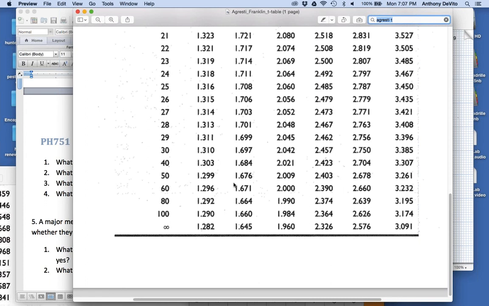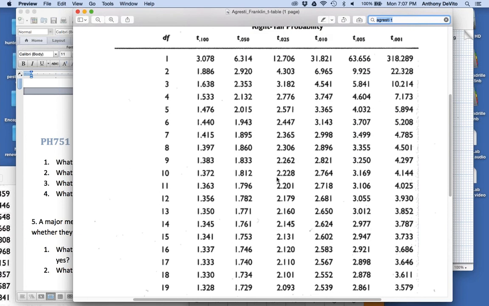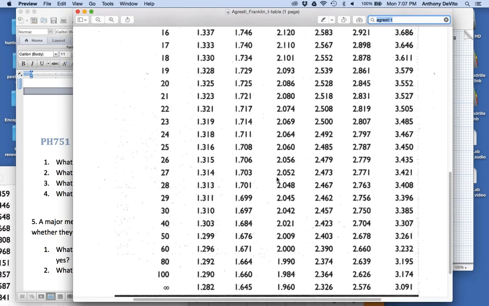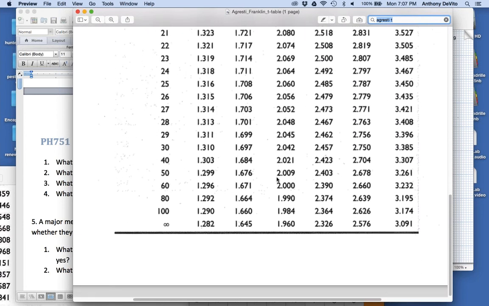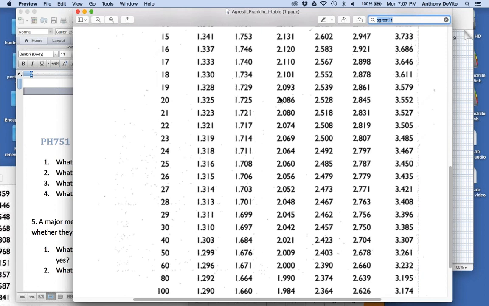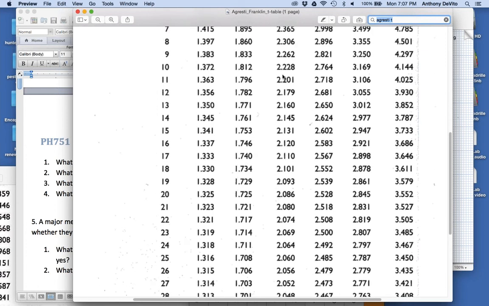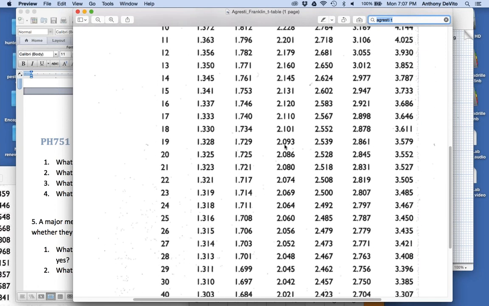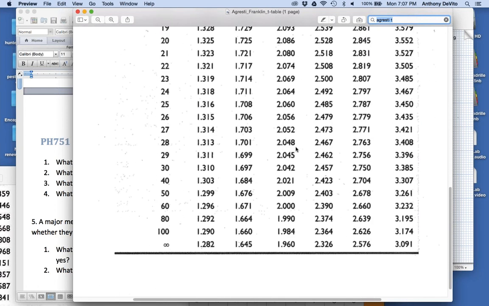For our purposes, because we're using calculators, Excel, and so on, it's a convenience for us if the sample gets very large. And if you notice, for a 95% confidence interval, at 10 it's 2.2, at 20 it's 2.1, and 30 is starting to get to 2.04.